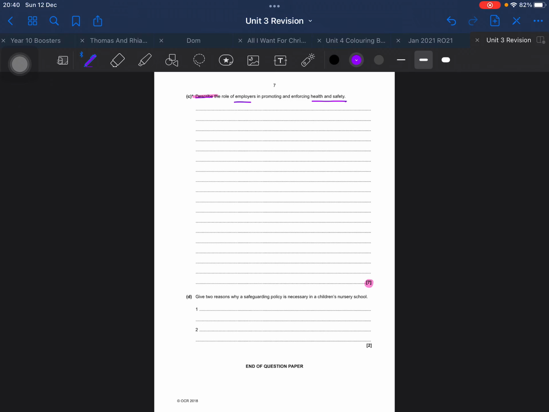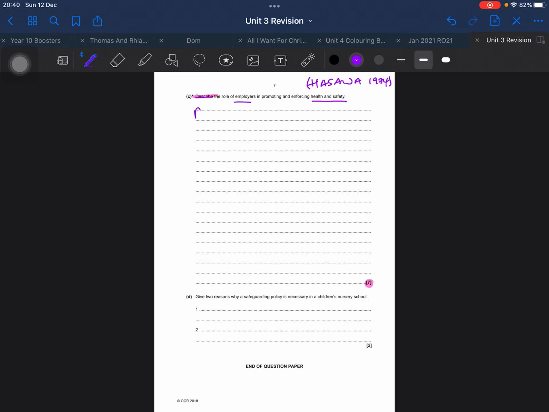So this is thinking about our Health and Safety at Work Act. So we're thinking here HASAWA from 1974. Okay, and we need to think about how we promote it and how we enforce it, and those are 2 obviously different ways of looking at this.